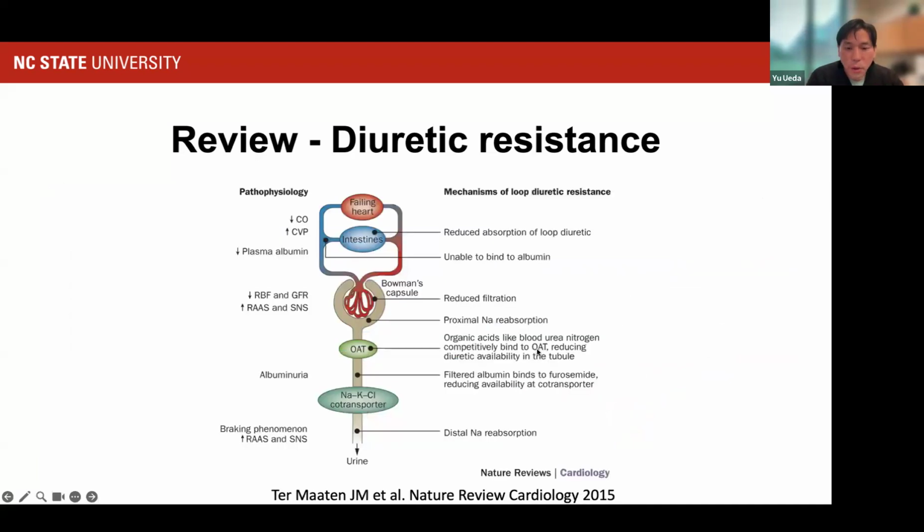More focusing on loop diuretics and furosemide, there are again many mechanisms causing diuretic resistance, including the reduced absorption of furosemide from the GI system, decreased albumin binding due to hypoalbuminemia, reduced filtration, proximal sodium resorption, and also the competitive inhibition of the organic anion transporters, OAT transporters, at the proximal tubules.